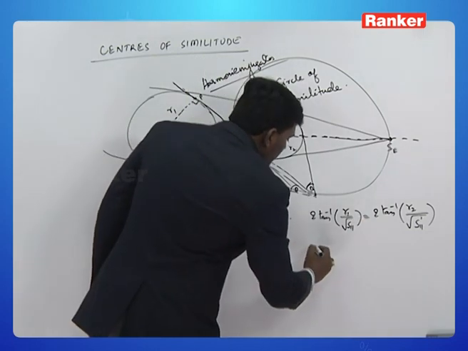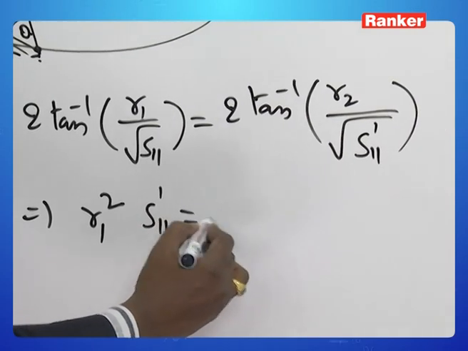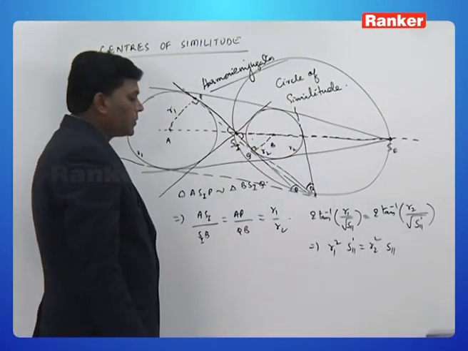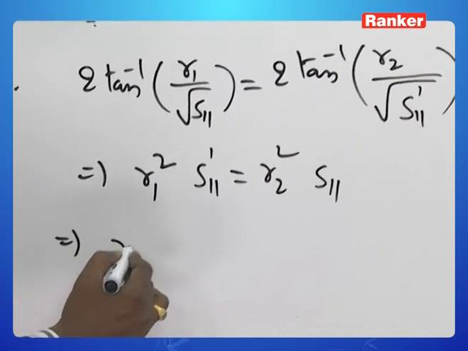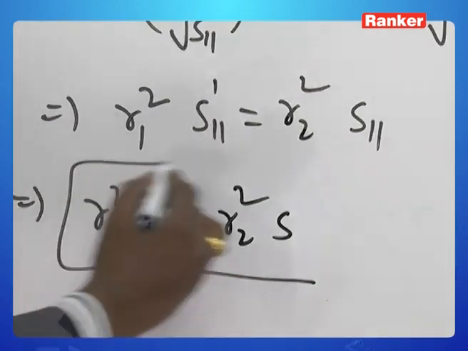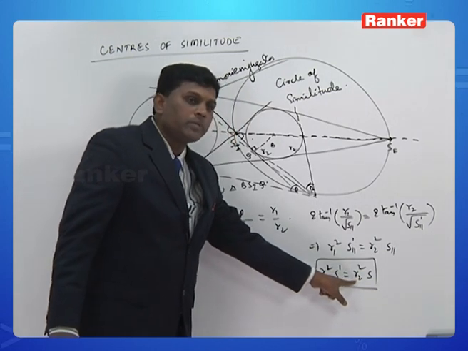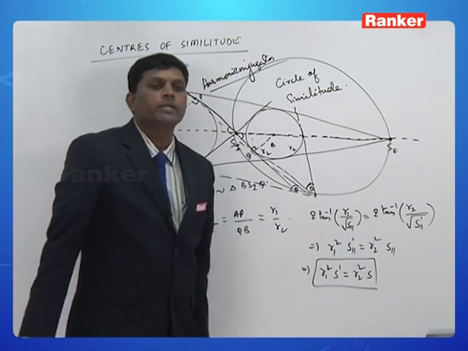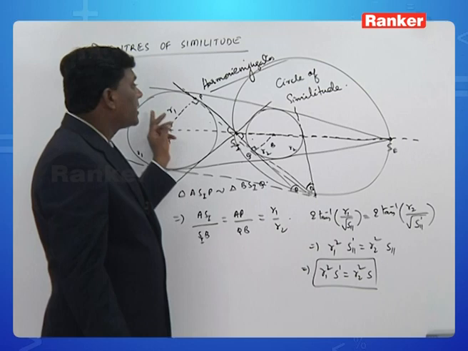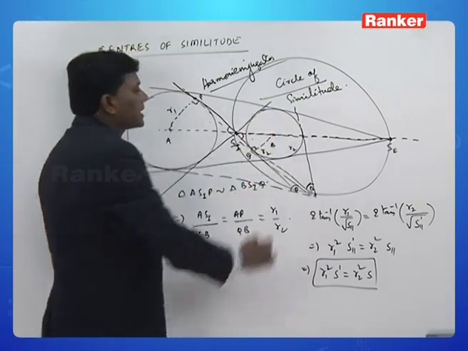Eliminating 2 tan inverse on both sides, squaring and simplifying, R1 square into S dash 11 equals R2 square into S11. So the locus of this point will be R1 square into S dash equals R2 square into S. That is, first circle into second circle's radius square equals second circle into first circle's radius square, which is the simple mathematical result we get for directly writing the equation of the circle of similitude of the given two circles.